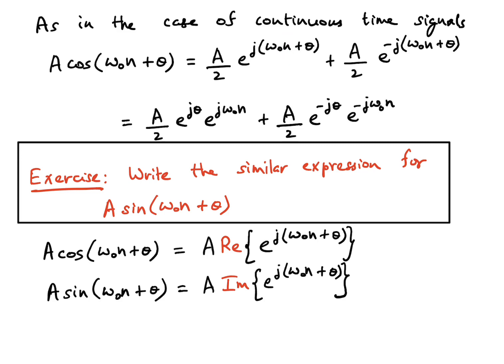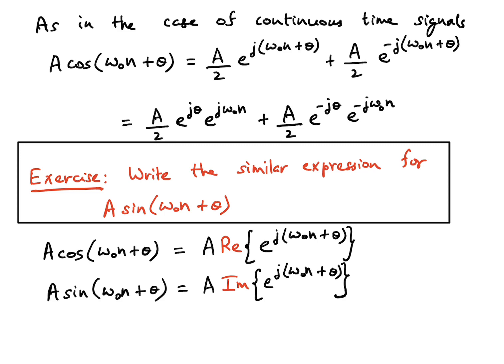The only difference now is that instead of t, the continuous variable, you now have n, the discrete index. So we can now represent the discrete sinusoidal sequence in terms of the complex exponential sequence in this particular form, and we've done it in a similar way just as we did in the continuous case. And again here I will leave it as an exercise for you to work out what would be a similar expansion or representation of the sine term in terms of the complex exponential.